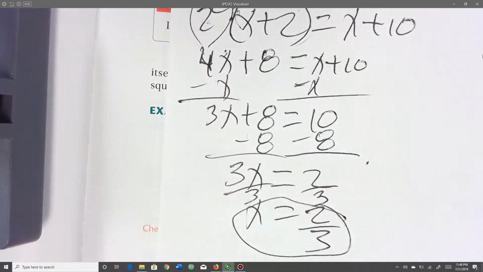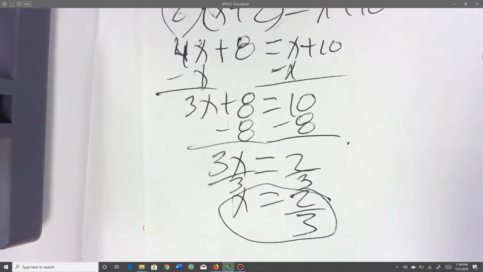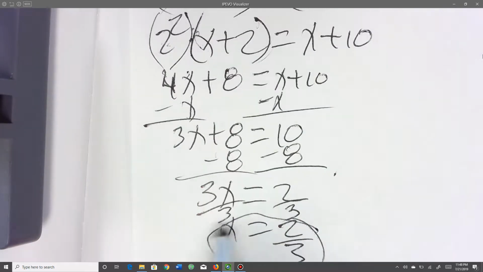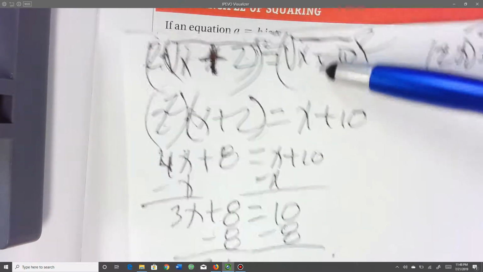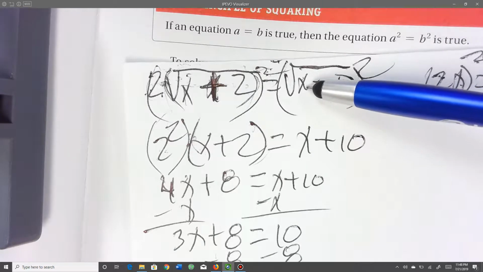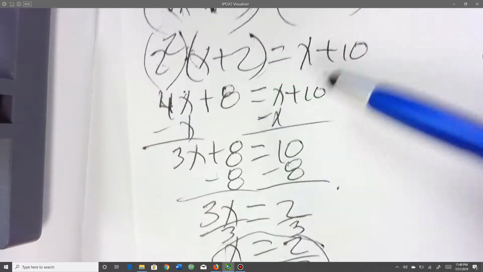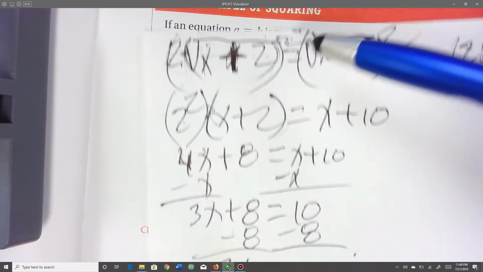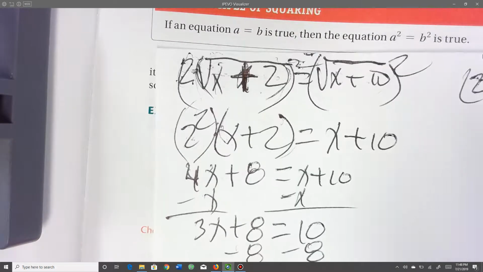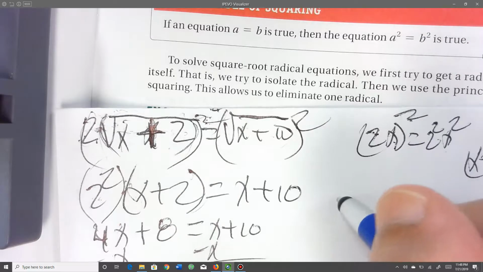2 over 3. Again, since this x was inside the radical sign, we need to plug in this value that we got into the original equation.